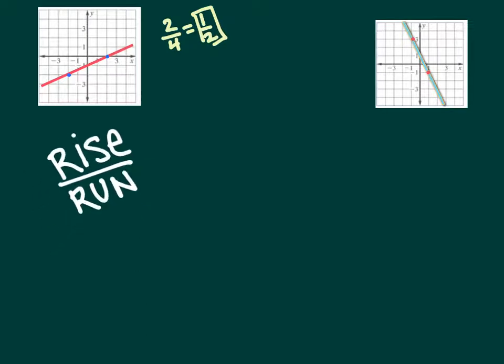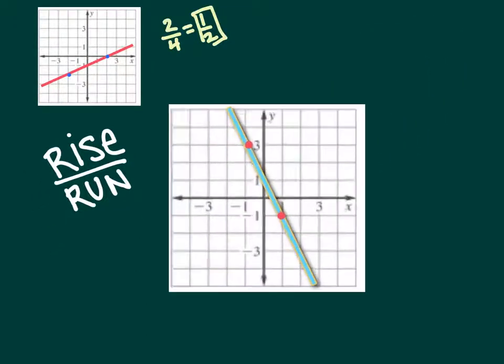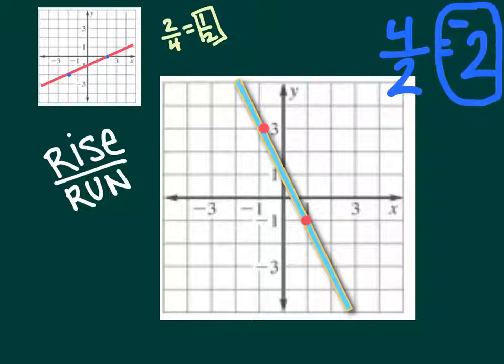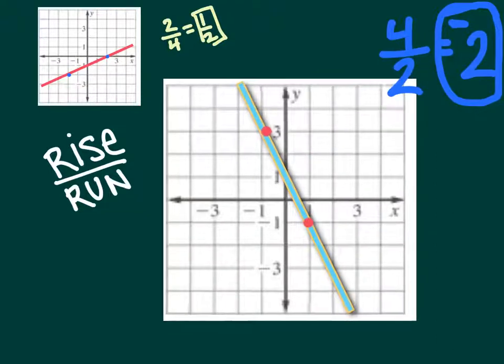On this line over here, again, we'll find the vertical distance, or the rise. So 1, 2, 3, 4. Over 2. So this would be 4 over 2, which would reduce to 2. But on this type of a line, you have to be careful that you put in the negative sign, because since the line is going down from left to right, the slope on this line is negative.